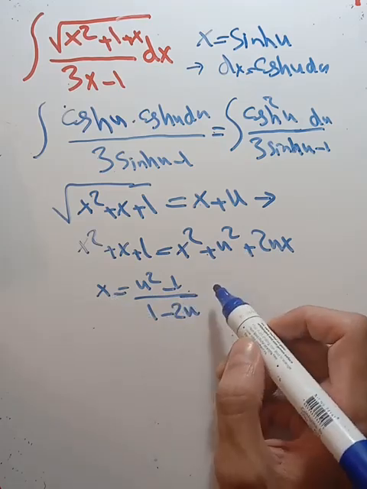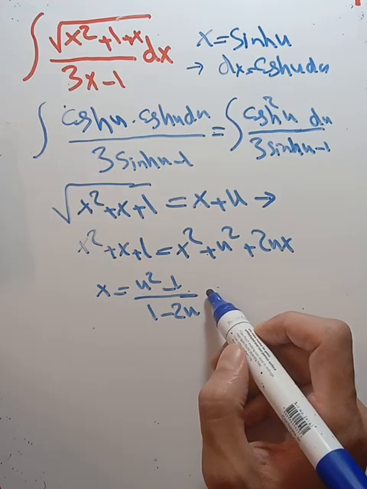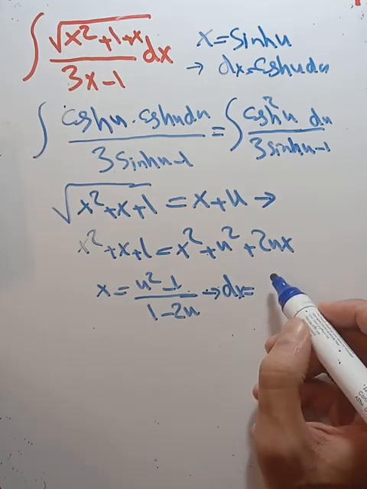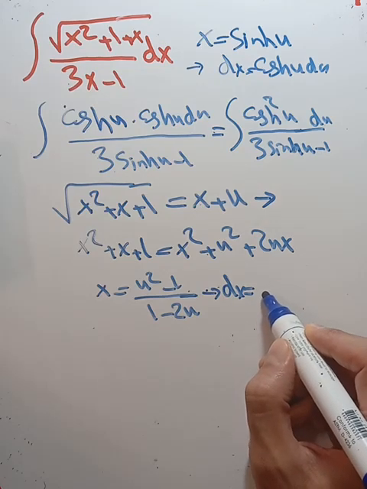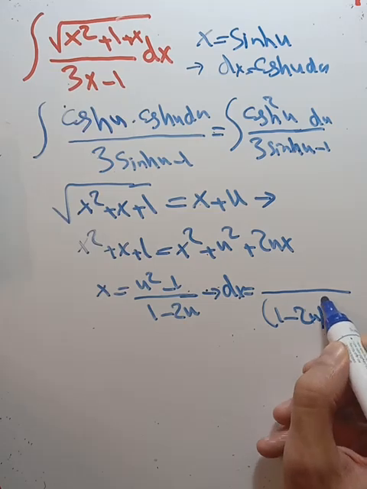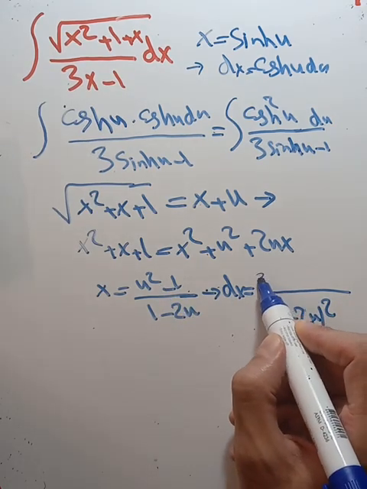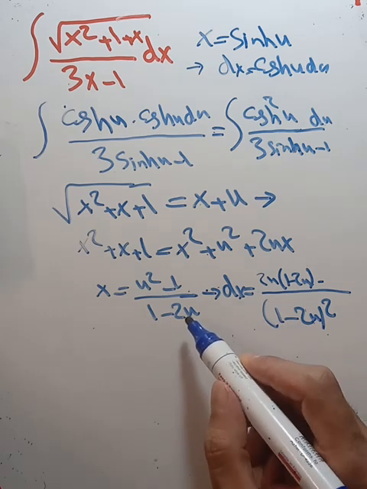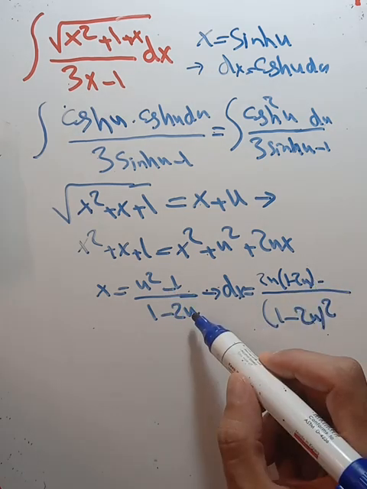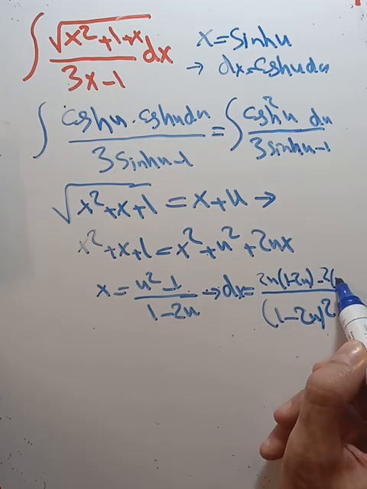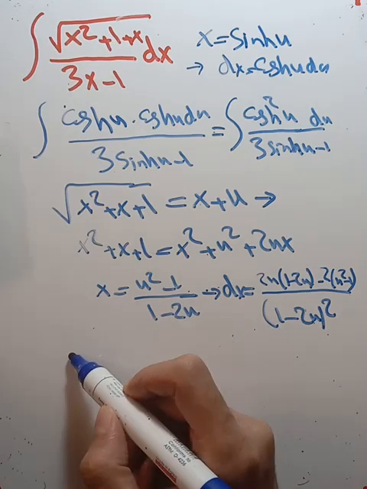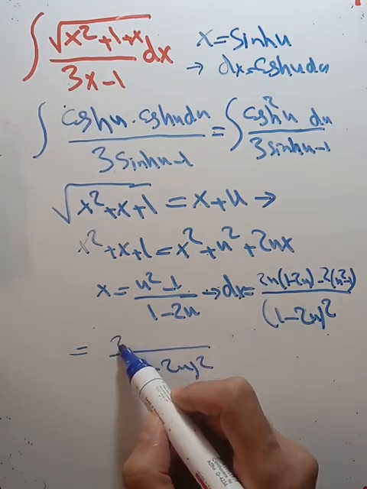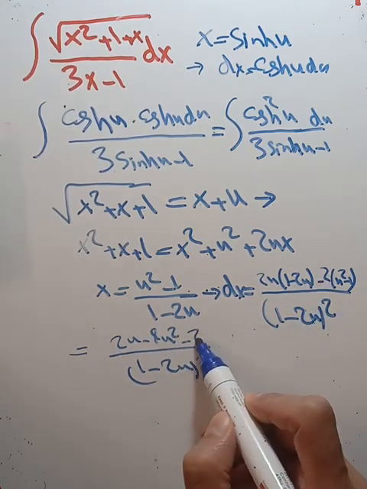And from here dx equals, by the quotient rule, the derivative of this, 2u, times 1 minus 2u, minus this times the derivative of this, which is minus 2 times u squared minus 1, which equals 2u minus 4u squared minus 2u squared plus 2.